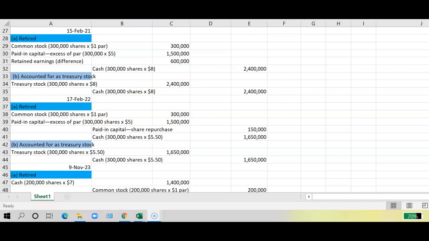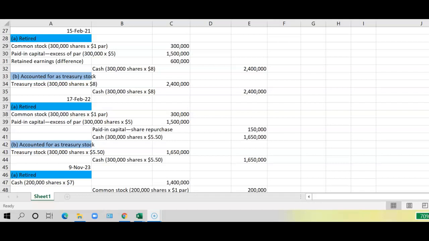So we're going to take the common stock, 300,000 at par for $300,000, paid-in capital in excess of par, which is 300,000 shares times 5, which is the 6 minus the 1, for $1.5 million. The cash is credited for $300,000 times $5.50 for $1,650,000.